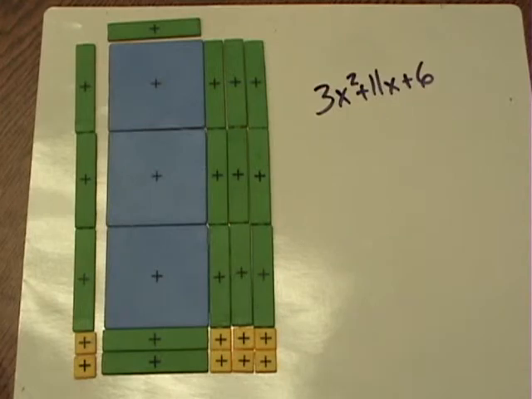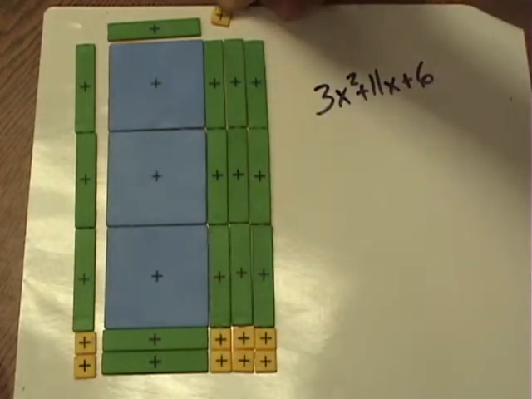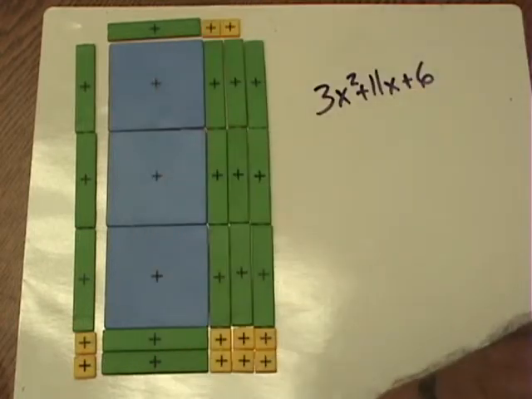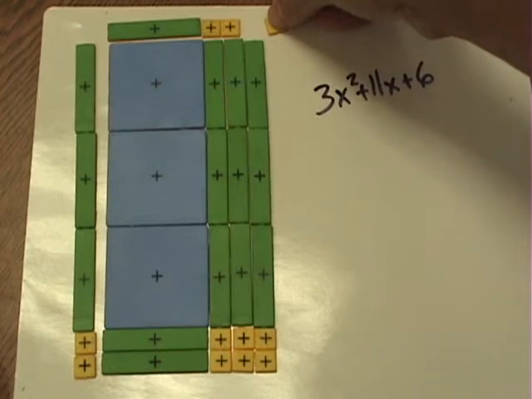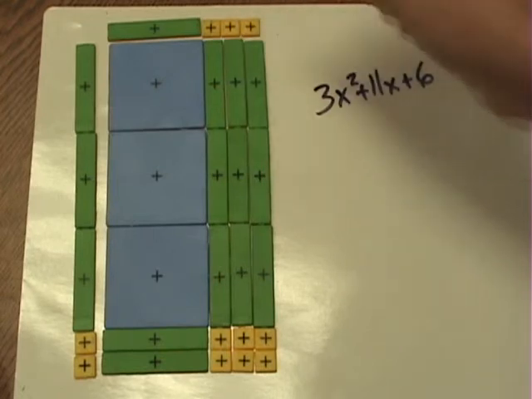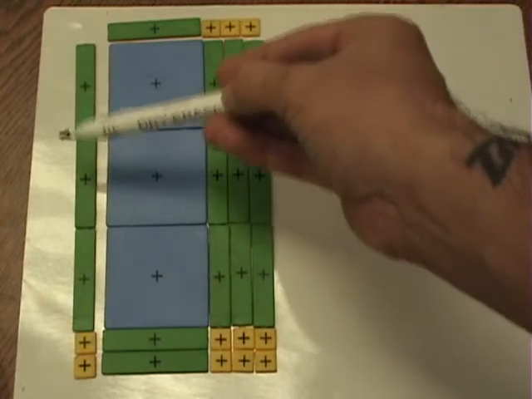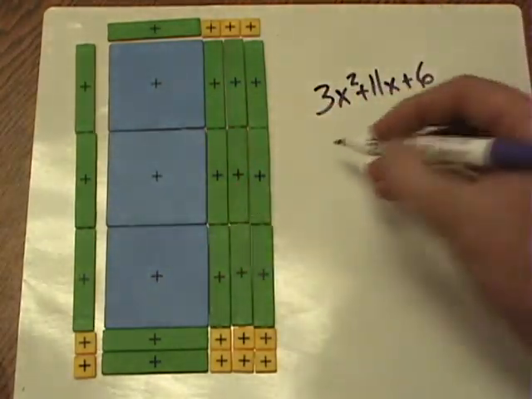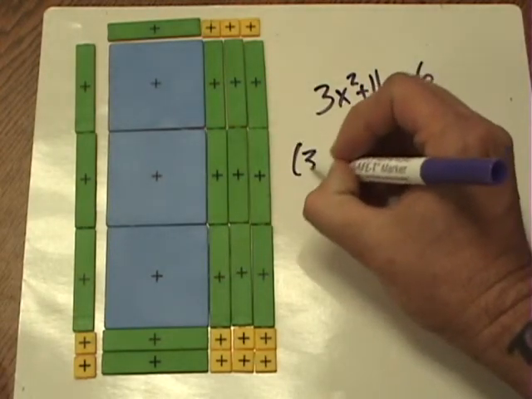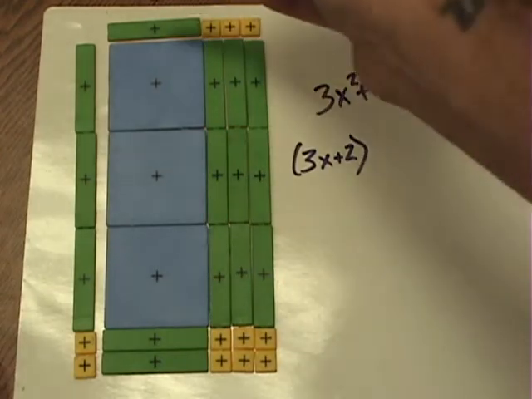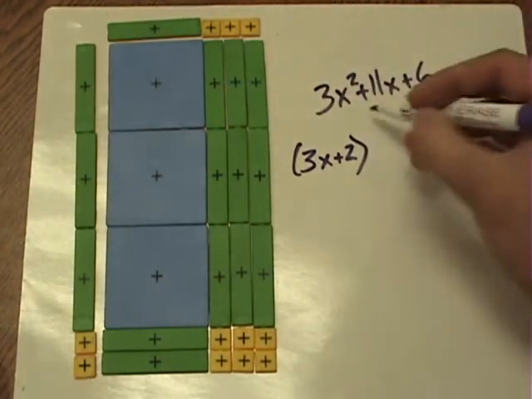So I go ahead and just use some 1 tiles on the outside there. Okay, and that's going to cover the outside of my rectangle. So if I look at it, what I have is 3x plus 2 times x plus 3.